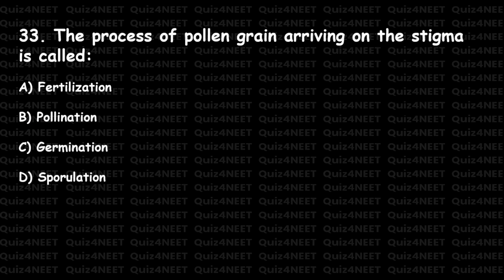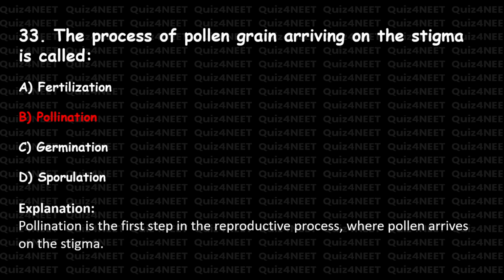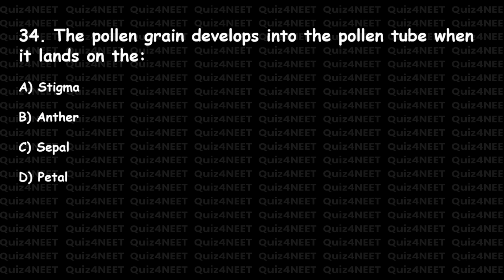The process of pollen grain arriving on the stigma is called A. Fertilization, B. Pollination, C. Germination, D. Sporulation. B. Pollination. Explanation: pollination is the first step in the reproductive process, where pollen arrives on the stigma. 34. The pollen grain develops into the pollen tube when it lands on the A. Stigma, B. Anther, C.